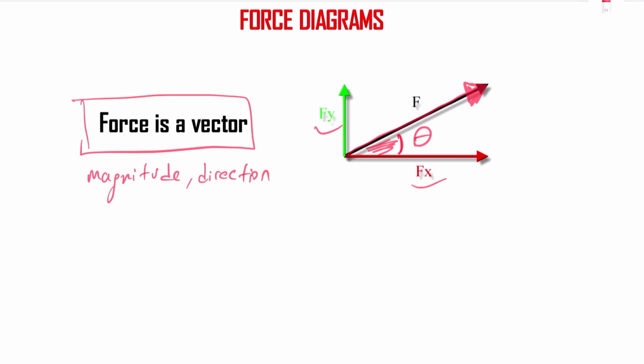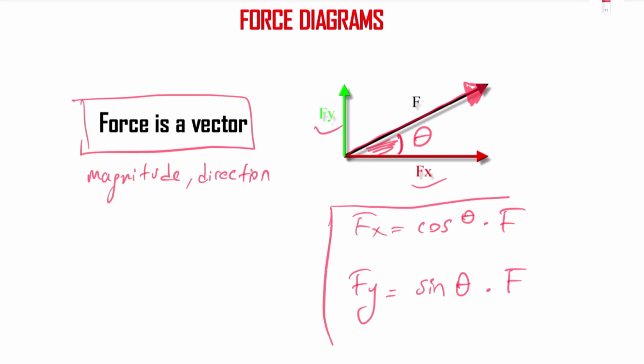So Fx equals the adjacent side, cosine theta times F, and Fy equals sine theta times F, we can say. So if the force makes an angle with the horizontal, we have to separate it into components in case we need it. Otherwise, you don't need to separate it.